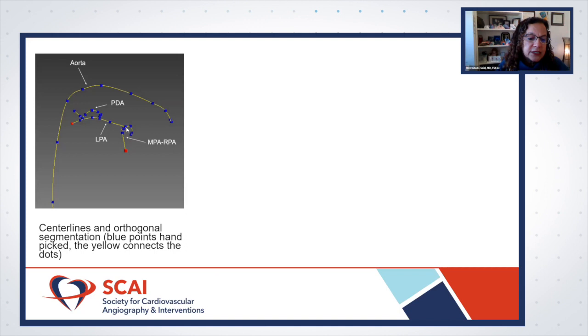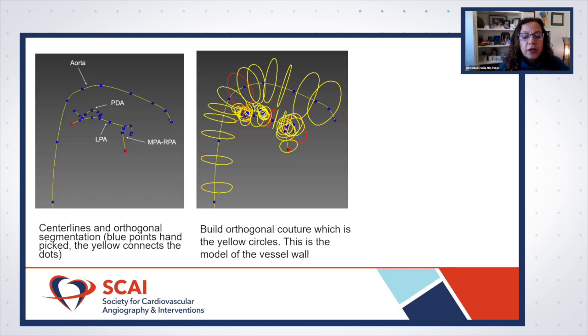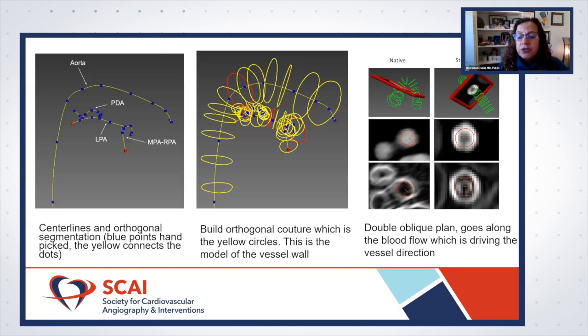The blue dots here are hand-picked, and the yellow basically connects the dots. The next is building the orthogonal contour, which is the yellow circles. This forms the model for the vessels themselves, the aorta, the PA, and the PDA. They do this double oblique plane, which goes along the blood flow, and it's derived from the flow direction in the vessels.